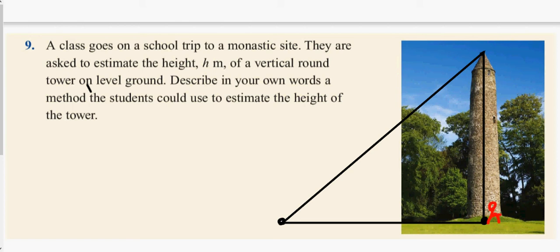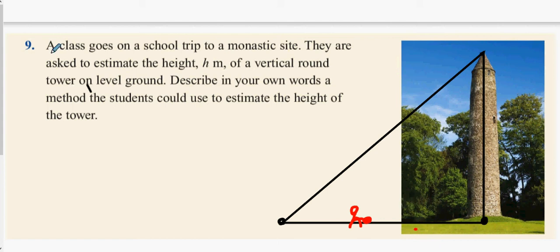For argument's sake, he walks, let's say, 20 meters away from the base of the round tower. Sorry, you're actually going to have to use letters for this. So I'm wrong. You can't say 20, right?